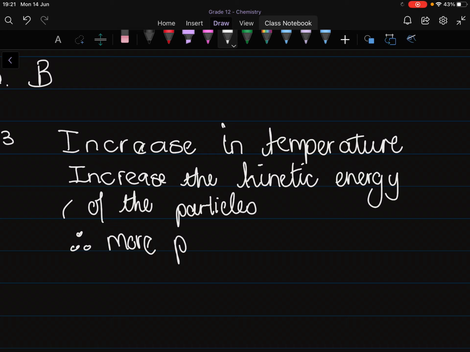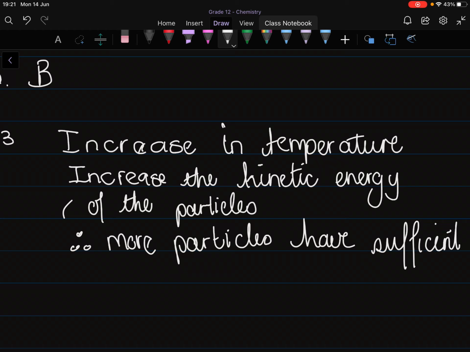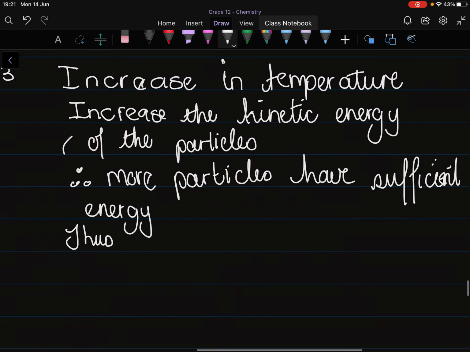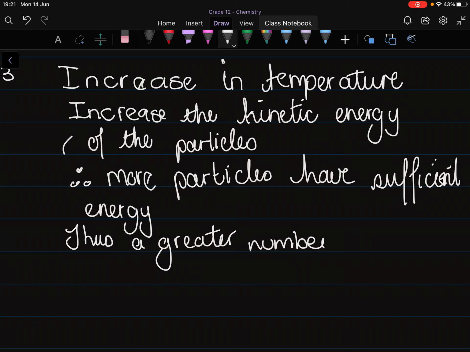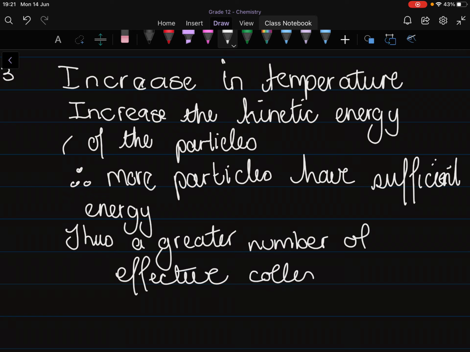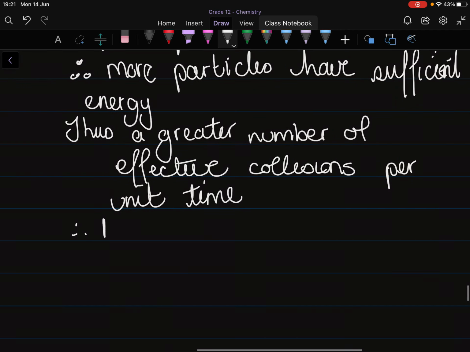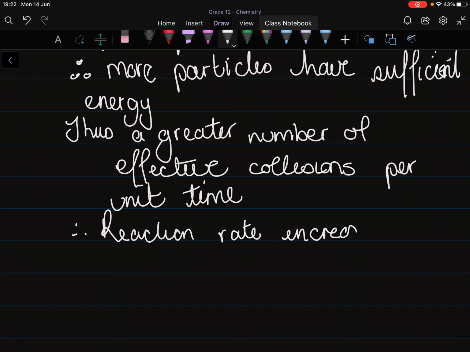Therefore, more particles have sufficient energy, thus a greater number of effective collisions per unit time, and the reaction rate increases.